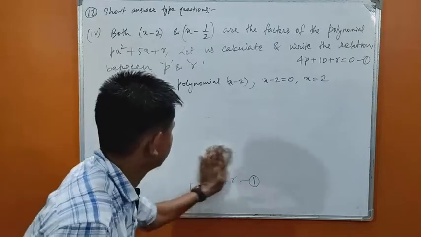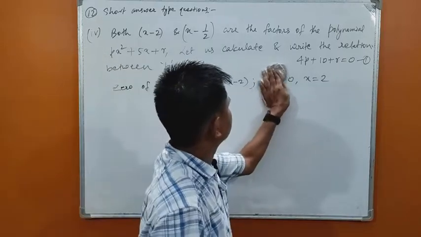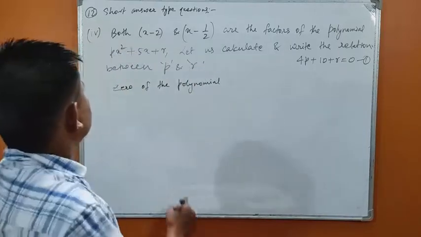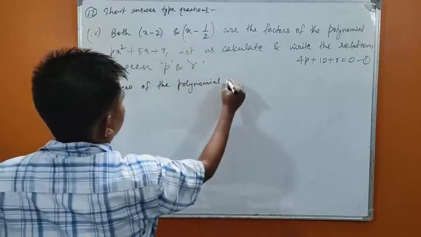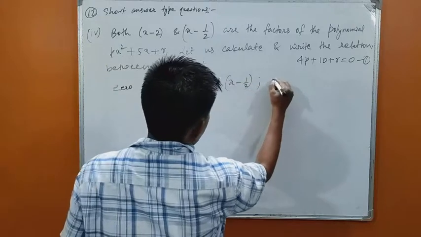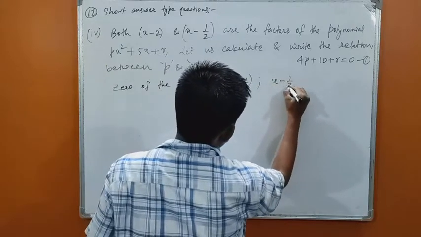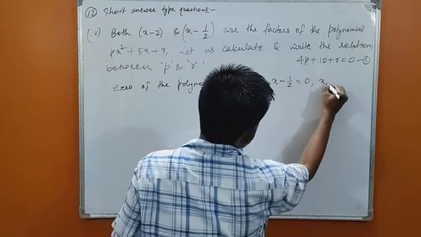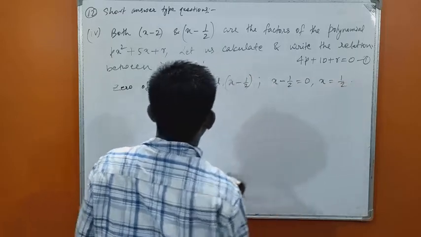Now, the zero of the polynomial x minus 1/2 is: x minus 1/2 equals 0, or x equals 1/2, isn't it?